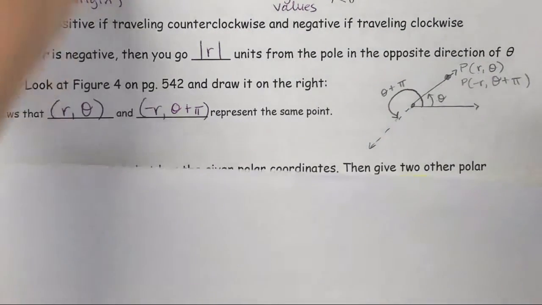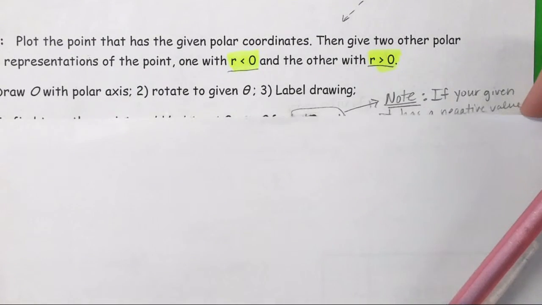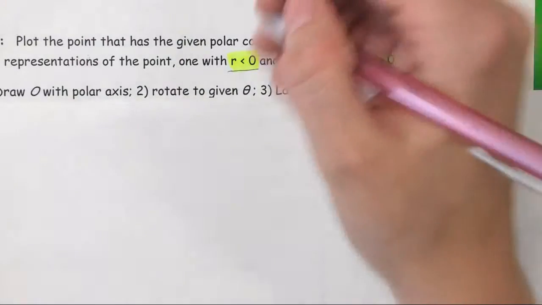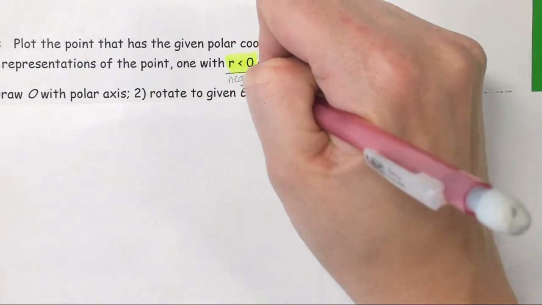Okay, and so we're going to do this with the example 1. We're going to end up plotting the points. And it tells you that one is going to have r is less than 0 and the other with r is greater than 0. So if it says r is less than 0, that means that it is going to be negative.